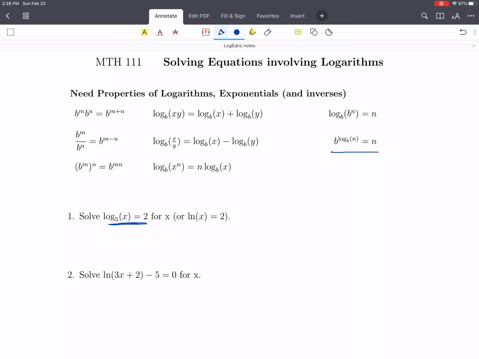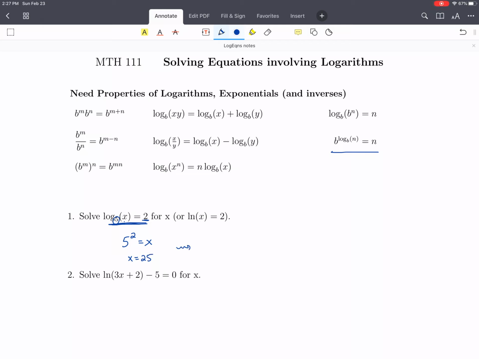So for example, log base 5 of x equals 2 means that I raise 5 to the power of 2 and it gives me x. So I can just use the definition of logarithm to say that x must be 25.